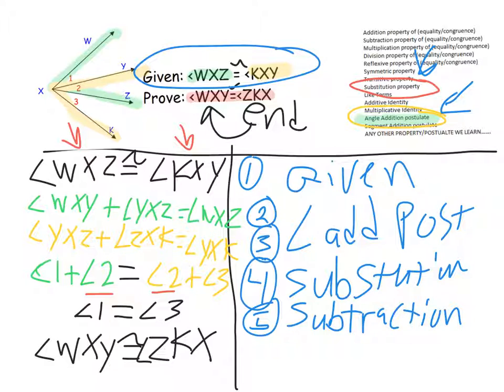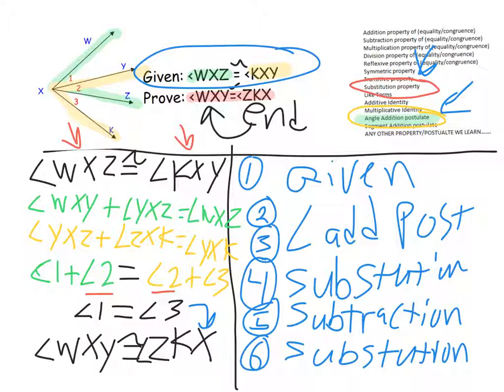We use subtraction to get it down to the 1 and the 3. And then this is kind of an extra step here because I was using an abbreviated thing. We use substitution again as our final step, because angle 3 is really this angle right here, and angle 1 is really that angle. We just replace them with their correct names.